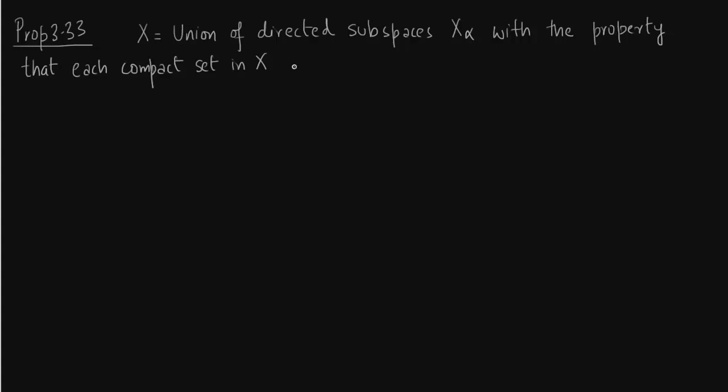I will repeat it again. If X is a space which is a union of a directed set of subspaces X_alpha with the property that each compact set is contained in some X_alpha, then the natural map which we just talked about on the previous slide is an isomorphism for all i.